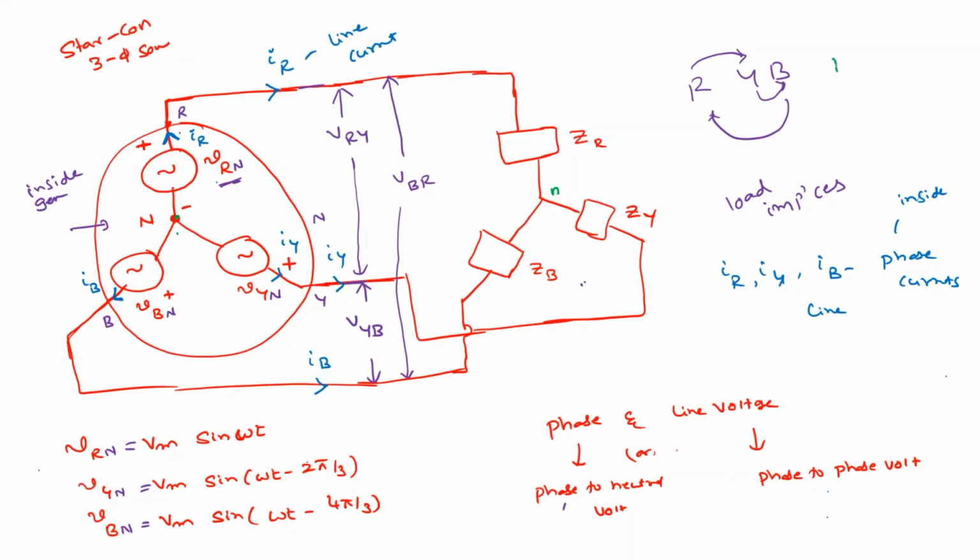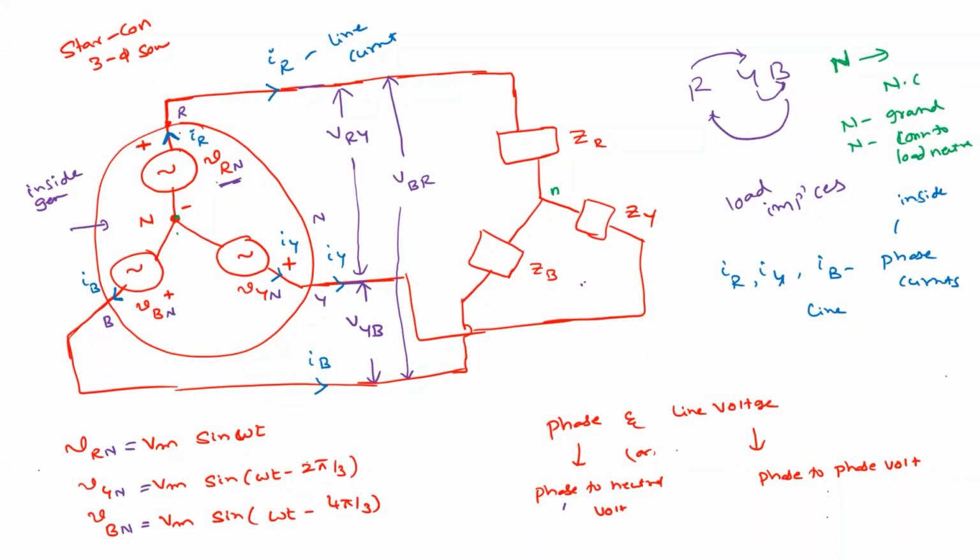So here this neutral has no connection. That means the neutral is left open, or the neutral is grounded, or the neutral is connected to the load neutral. In case of neutral, there are three options.